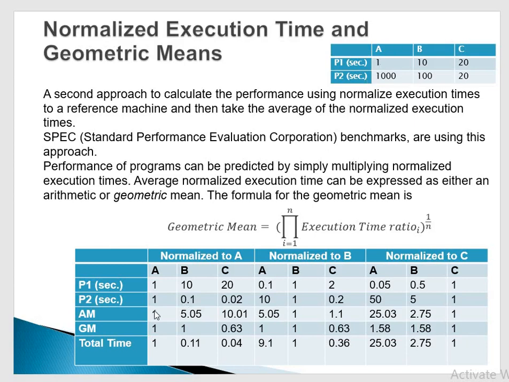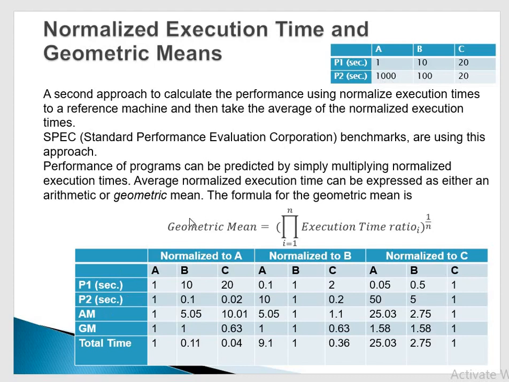Say we have three different machines A, B and C, and two different programs, program 1 and program 2. These are the execution times for program 1 for the different machines, and these are the execution times for program 2 for the three different machines.